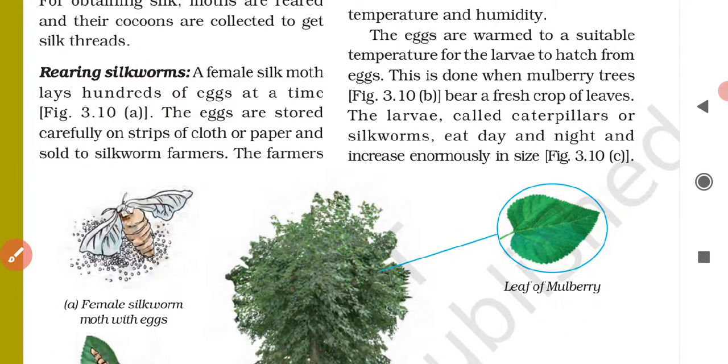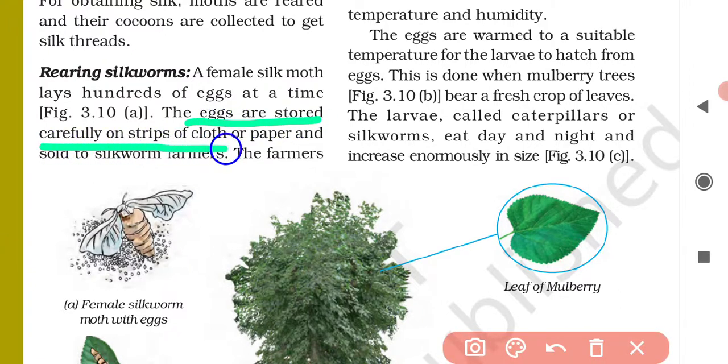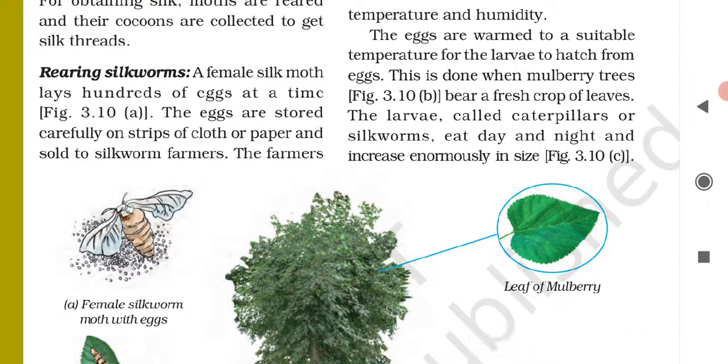The eggs of the silk moth are stored carefully on paper strips or cloth strips and are sold to silkworm farmers.